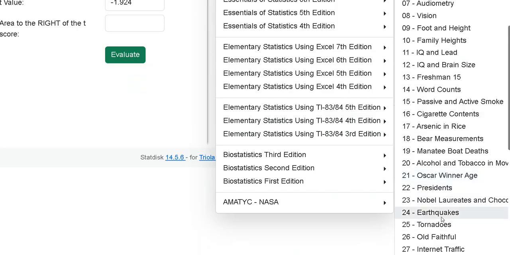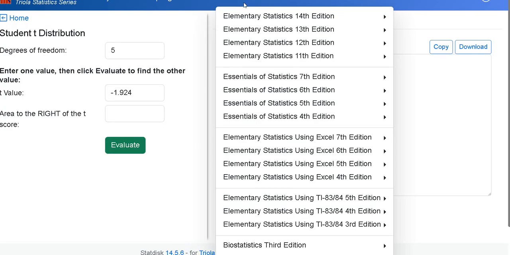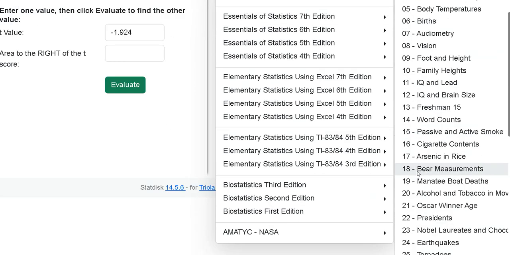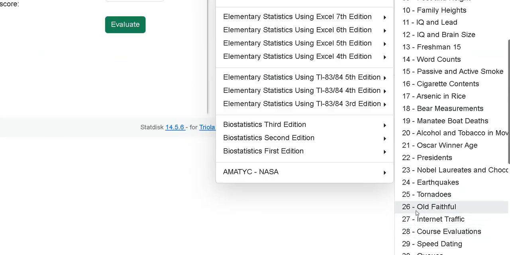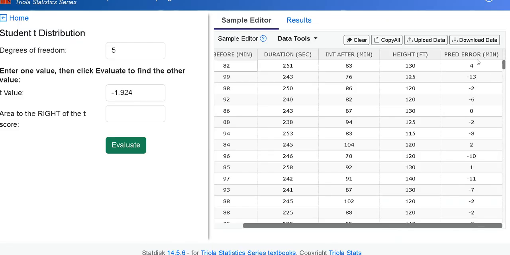So go all the way down to data set 26. So one more time, it's data sets, 14th edition, Old Faithful, and there's your data. Except we want data for the predicted error, which is going to be in column 5. So that's where we're going to get our data.